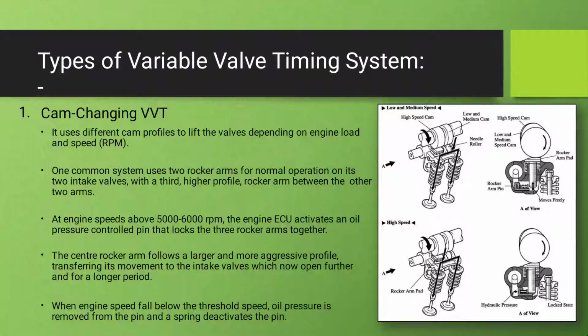At engine speed above, that is 5000 to 6000 revolutions per minute, the engine ECU actuates an oil pressure control pin that locks the three rocker arms together. The center rocker arm follows a larger and more aggressive profile, transferring its movement to the intake valves, which now open further.